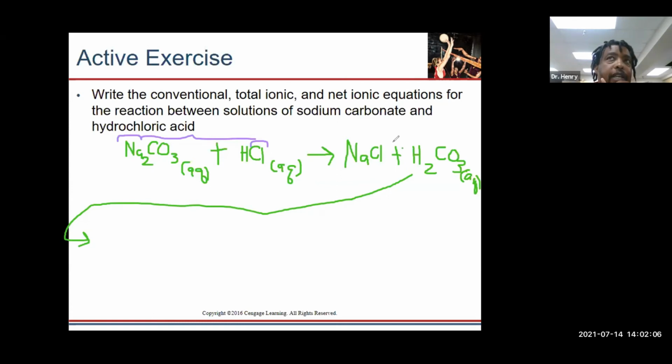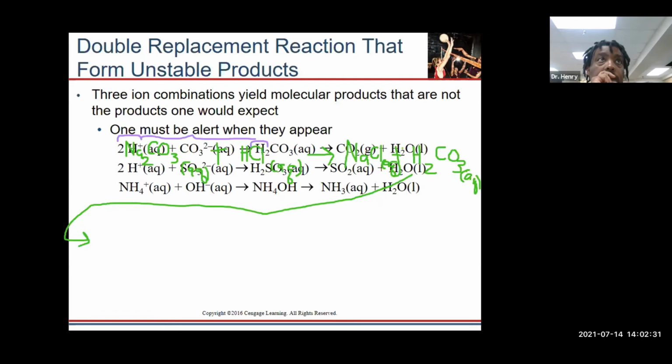If I get my independent source of the hydrogen and independent source of my carbonate and it's coming together, it's going to do what? Let's go back and look. Do you guys see that?